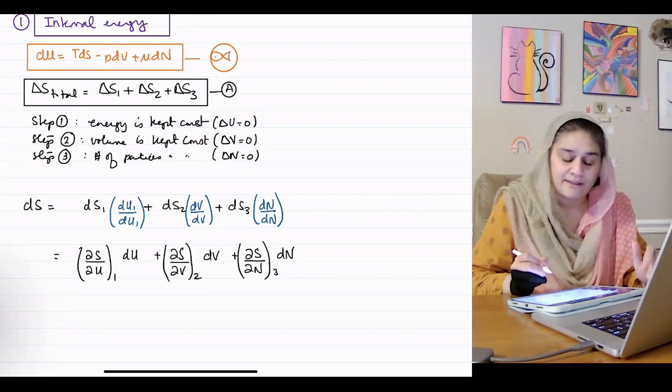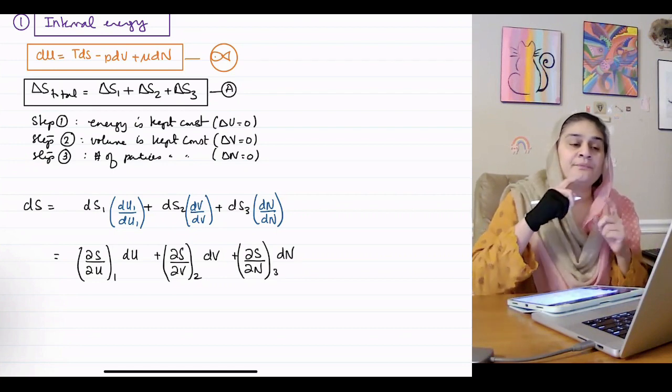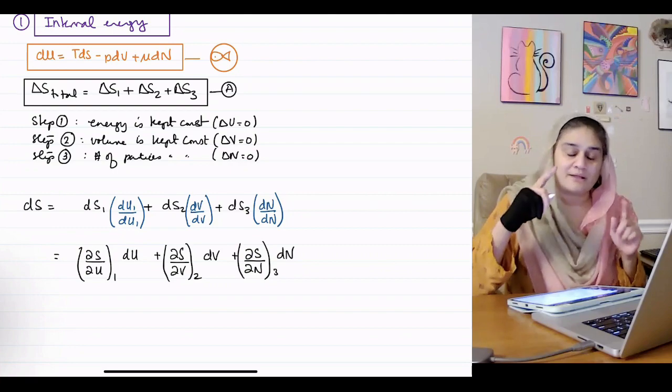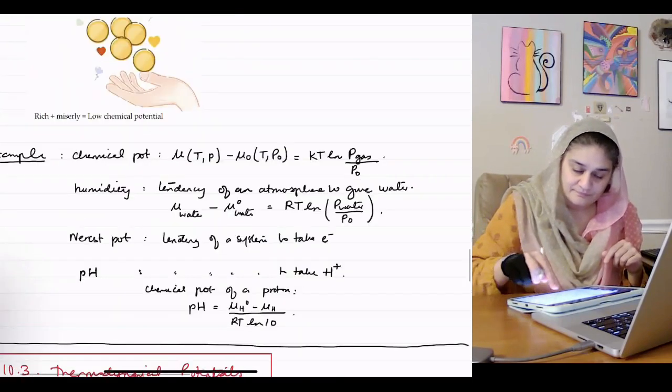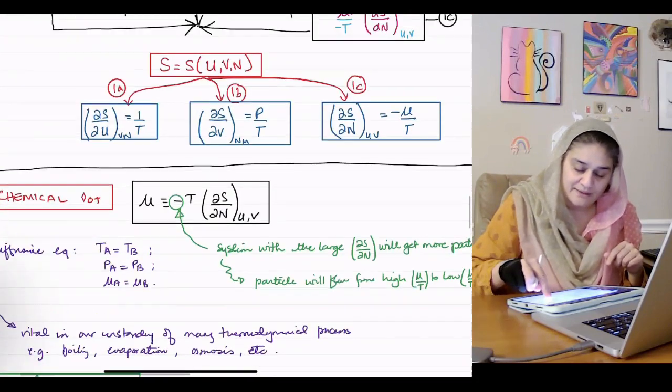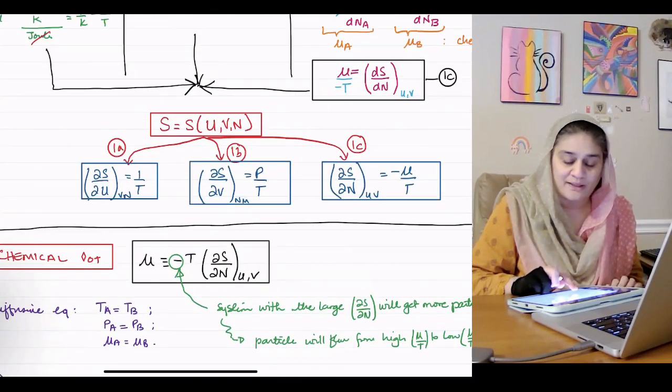Now, what do we know from equations 1a, 1b, and 1c? So I'm going to go back. Look at my expression 1a, 1b, and 1c.